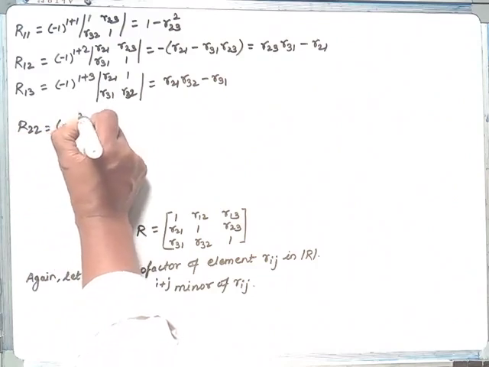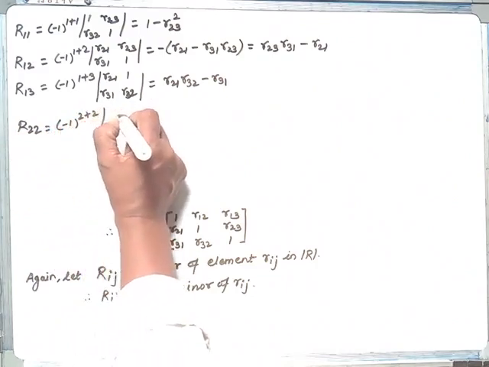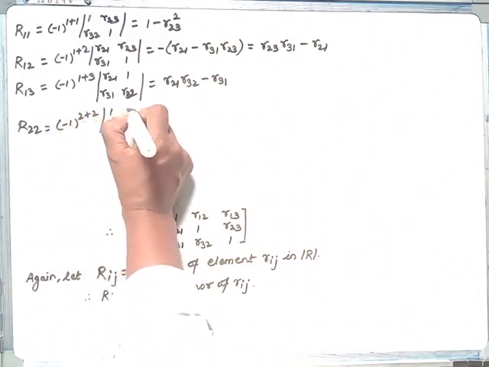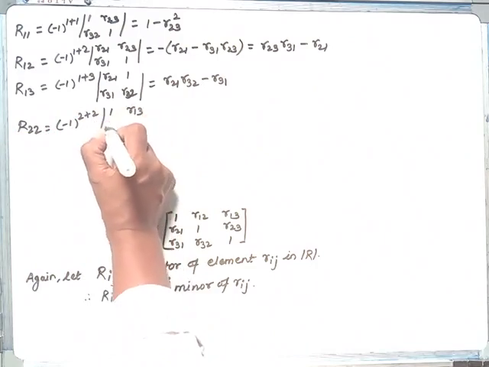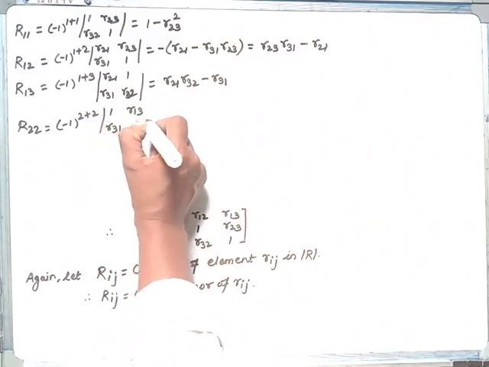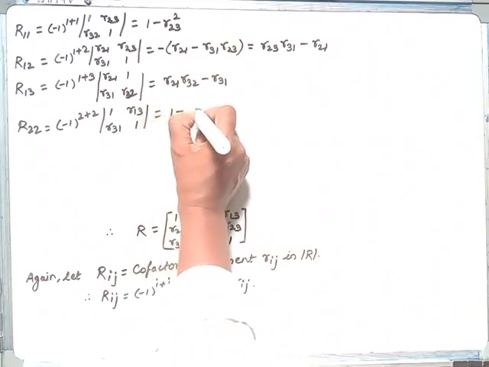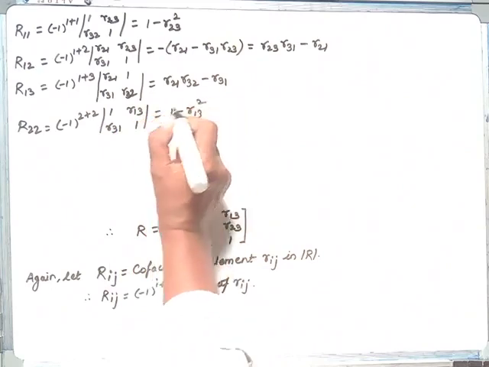Then next R22 is minus 1 raised to 2 plus 2, determinant of 1, R13, R31, 1. So it is 1 minus R13 square.